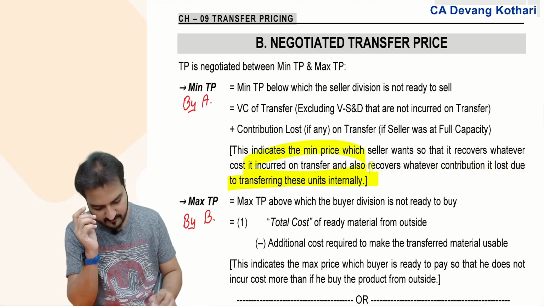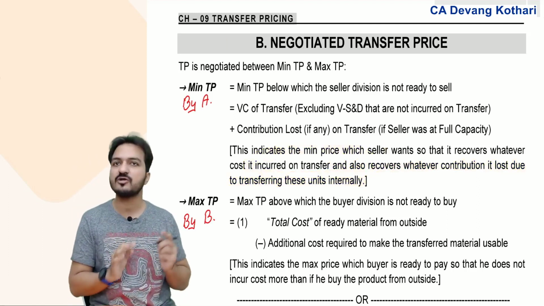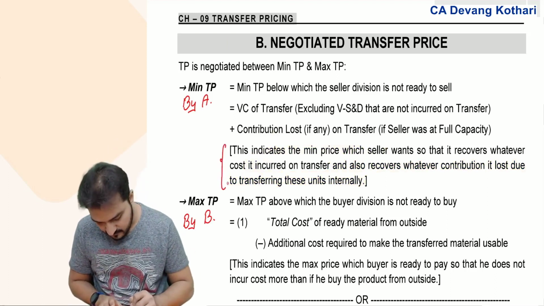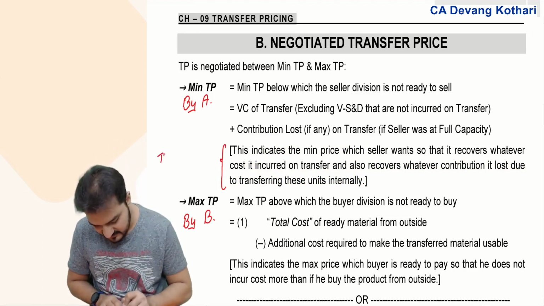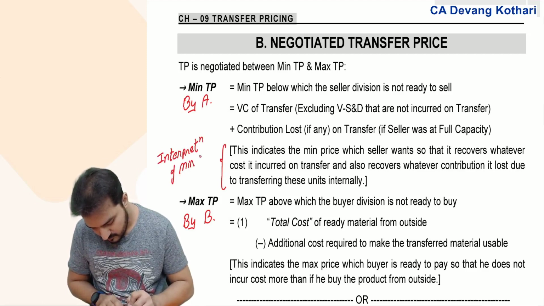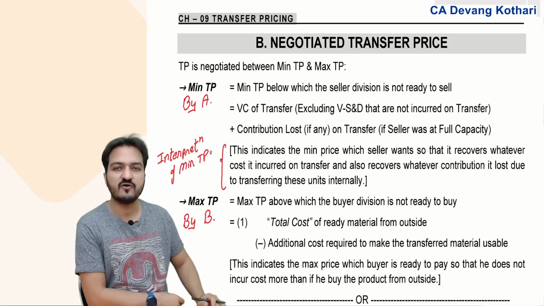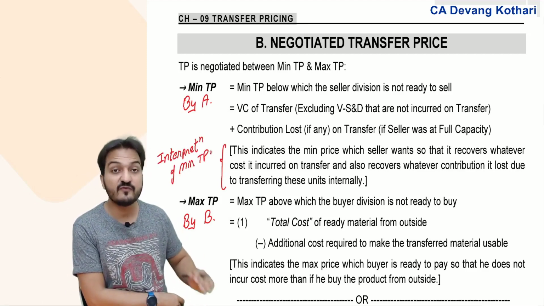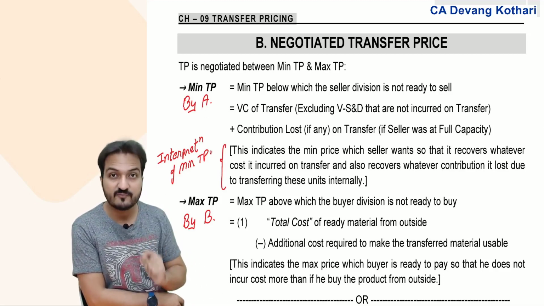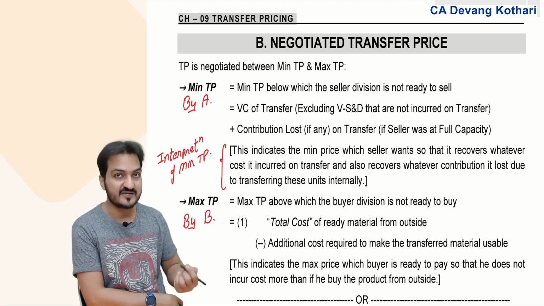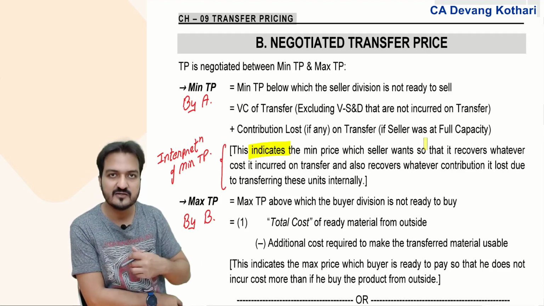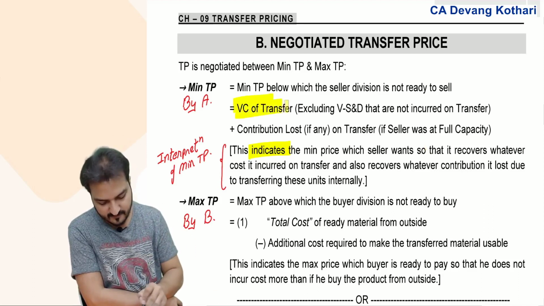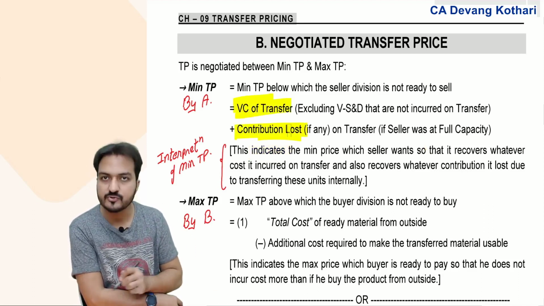Look, these three lines given here are the interpretation of minimum TP. Whenever you calculate your answer of minimum TP, you can interpret like this: it indicates the price which the seller wants so that he will recover his cost. Also, he will recover the lost contribution.